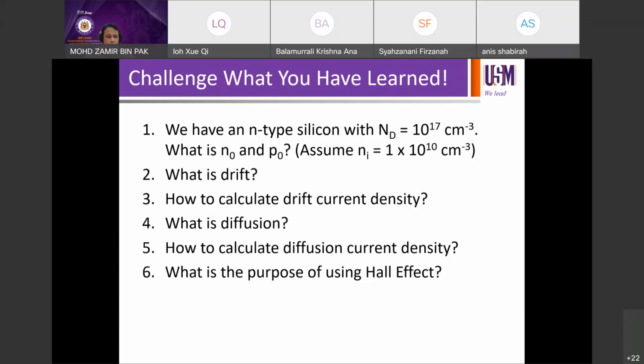But using which equation? J equals to? Anyone? Yeah, thank you. So QD dp/dx. D in this case will be QD_p or D_h, right? Or it's going to be QD_e dn/dx, or D_n, right?